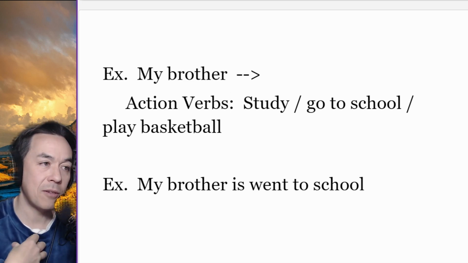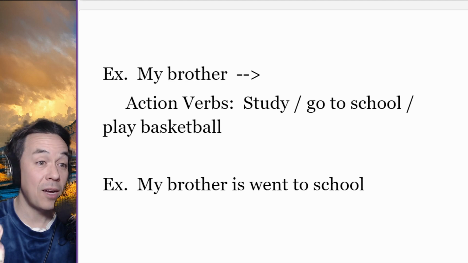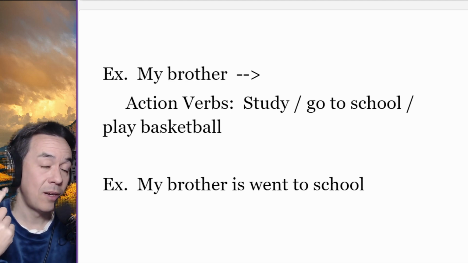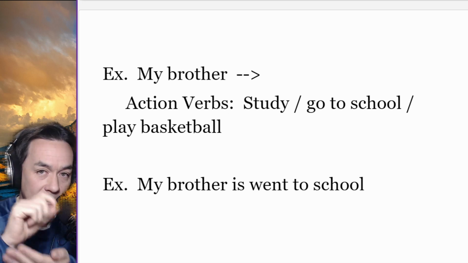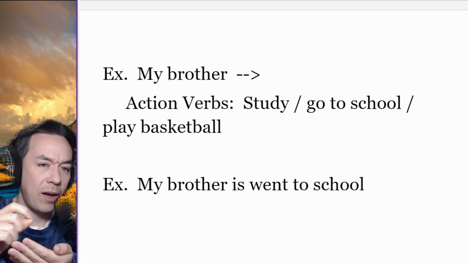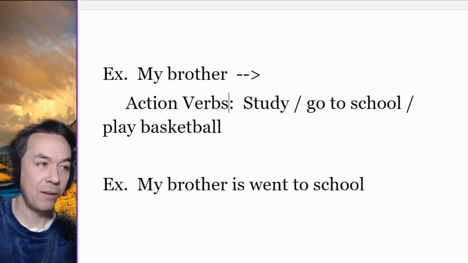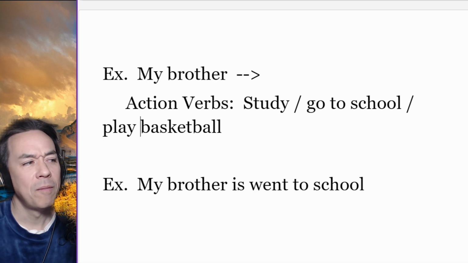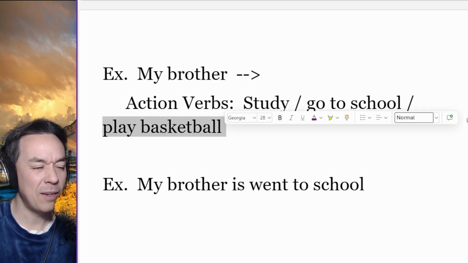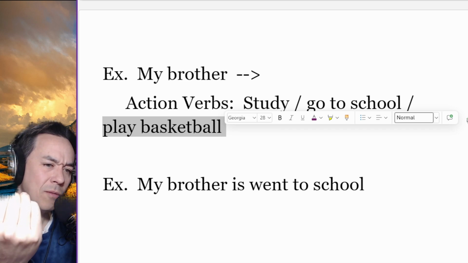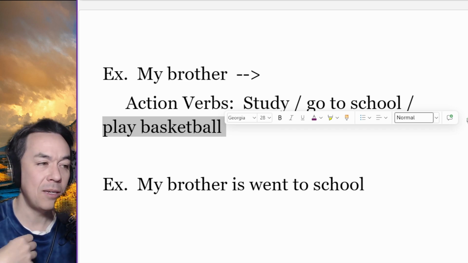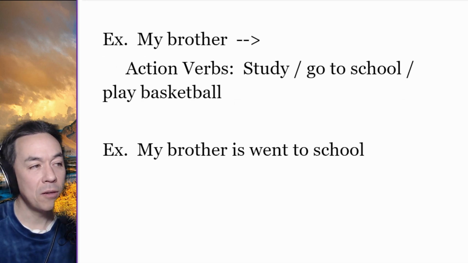You can't do that to me. Or you can study me. Now that sounds like scientists or aliens looking at me, like, I am studied by aliens. That's a little strange. But also play basketball can't happen to me. Okay? So you have to think a little bit harder.